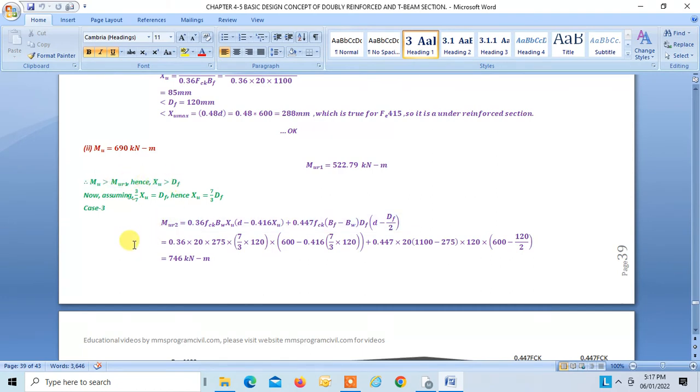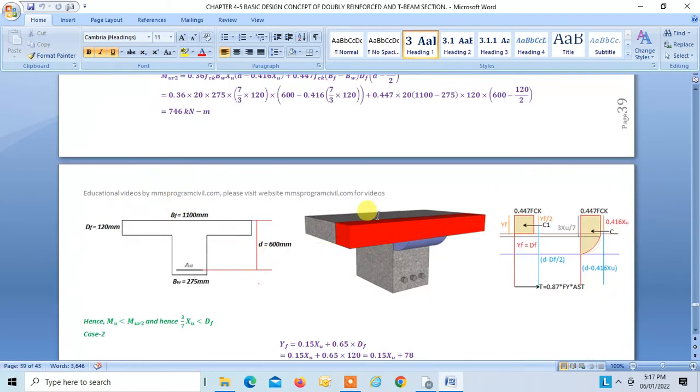So we will have to make another assumption that 3 by 7 XU is equal to DF. That means the strain 0.002 falls at the bottom of the flange. So you will have a stress diagram like this. That means we are taking YF equal to DF, that is our case 3. Now we have to check whether this is correct or not.